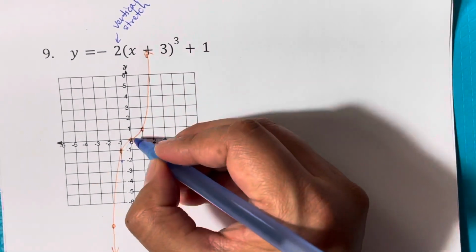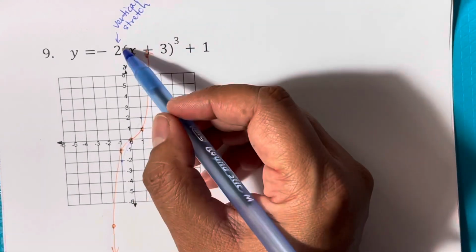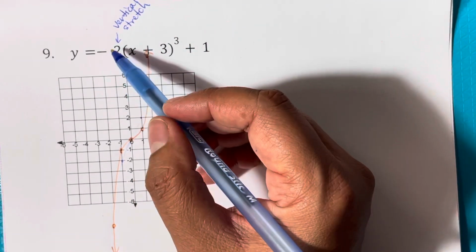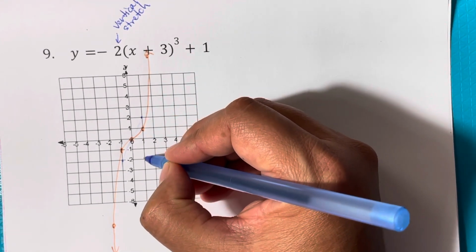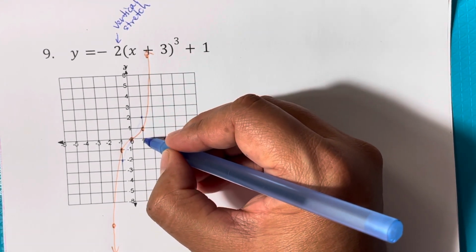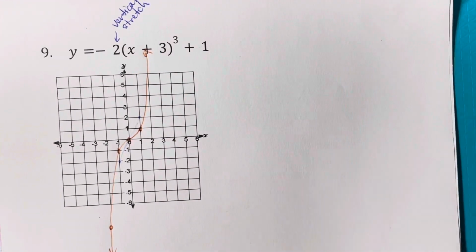Okay. But then that's not the real one because we still need to move the mirror. So this point is going to mirror right here. Instead of going 1, 2, it's going to be 1, -2.